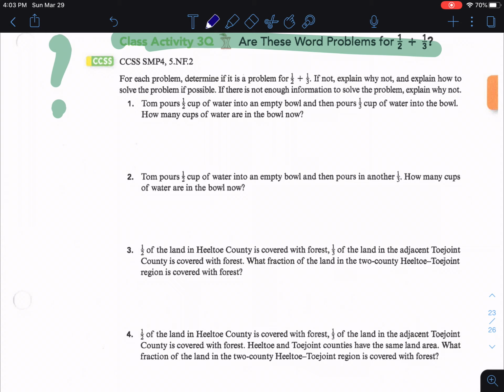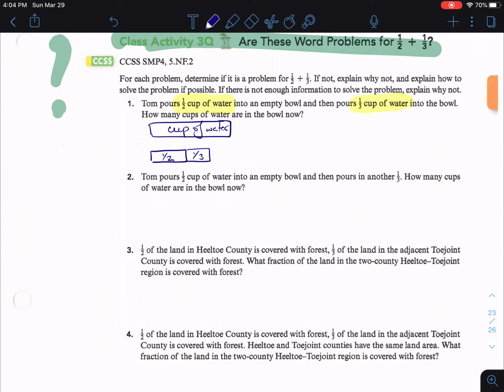So Tom pours half a cup of water into an empty bowl, and then pours a third of a cup of water into that bowl. So we have a cup of water, and Tom is going to pour a half cup of water and a third cup of water into the bowl.